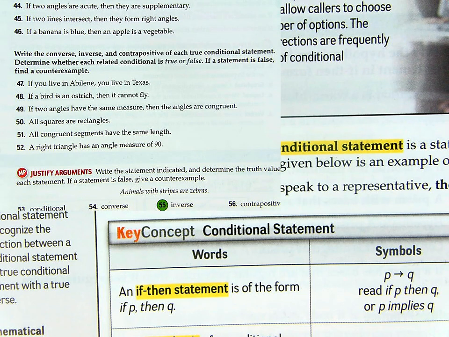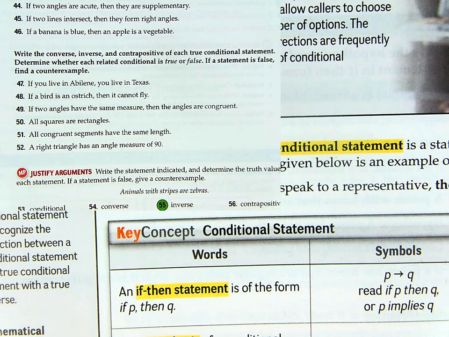Oh, all squares are rectangles. That's true. A rectangle can't be a square, but a square can be a rectangle. A square is recognized as a rectangle.